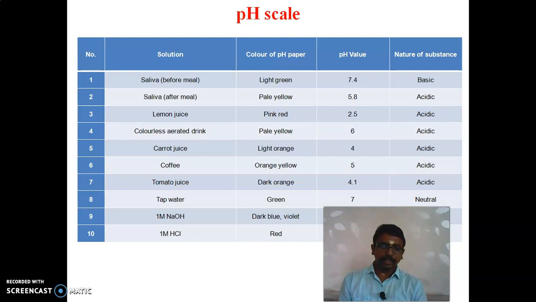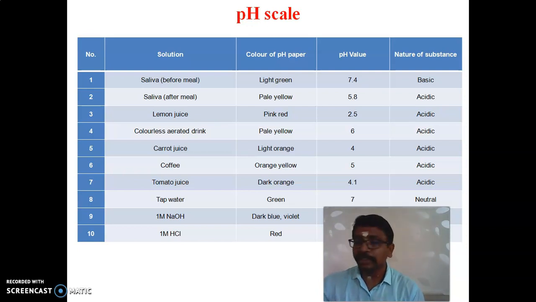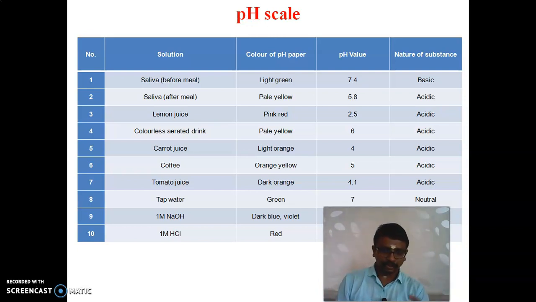Tomato contains tartaric acid, and lemon has citric acid. There are various acids. That is the reason that saliva after we take food turns acidic, because our food is acidic in nature.